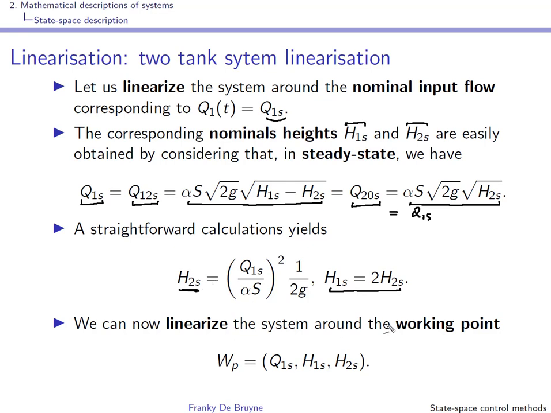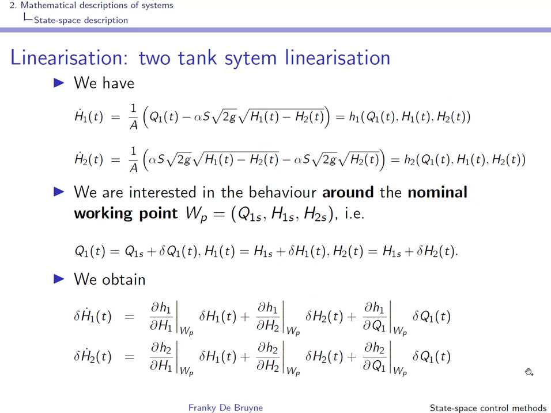So what we can do now is linearize the system around this working point. So these were the two nonlinear state space equations that we have found previously, and they are in the format that we've introduced earlier on in the course, and now we are interested in the behavior around this working point.